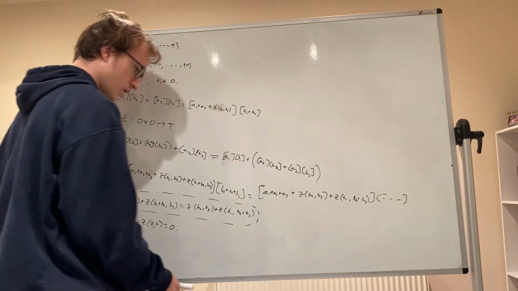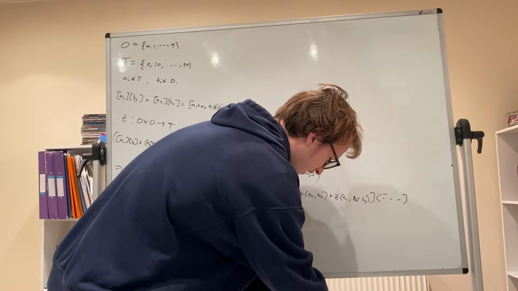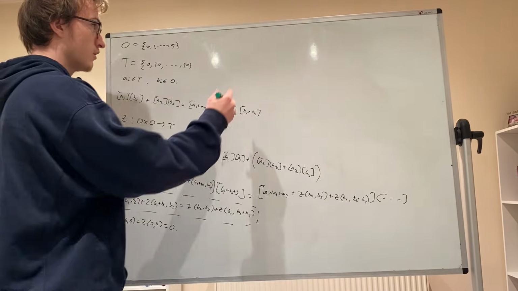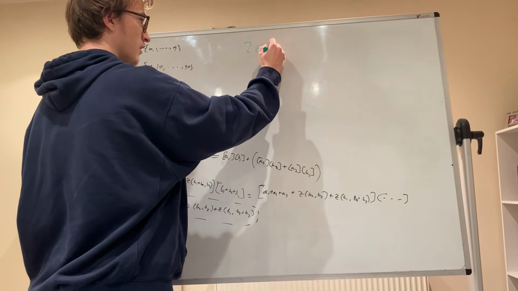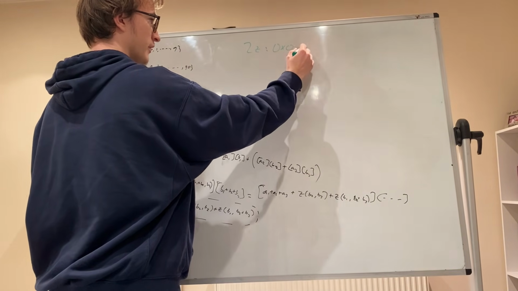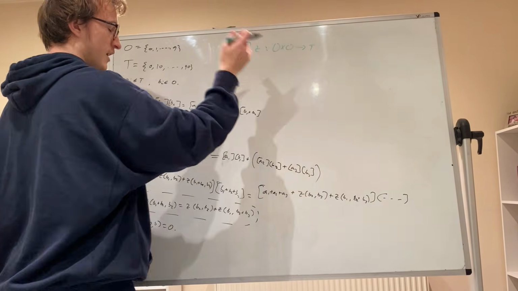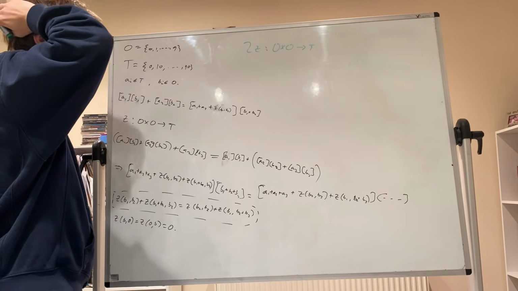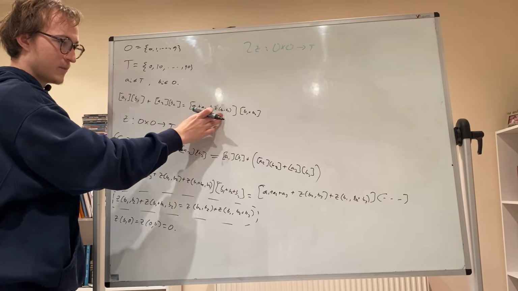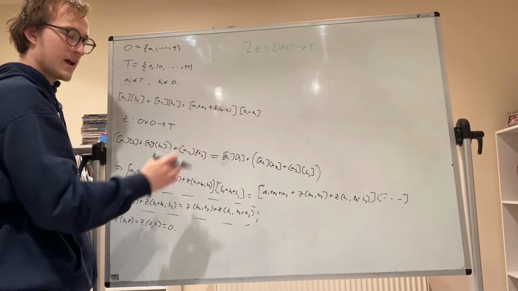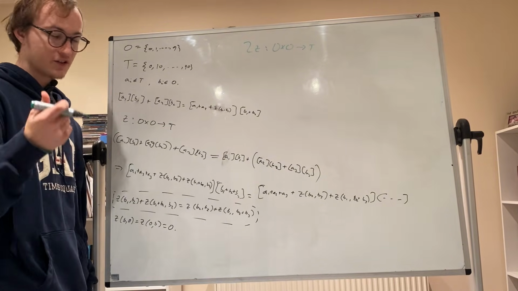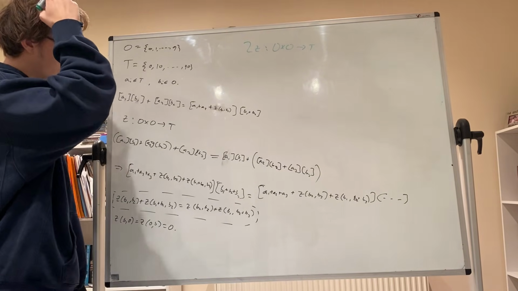For example, if we instead took the function 2z from the ones that takes in two ones and outputs a 10, and all it does is double the carry function. So every time you need to carry a 1, just carry a 2, basically, is what it does.